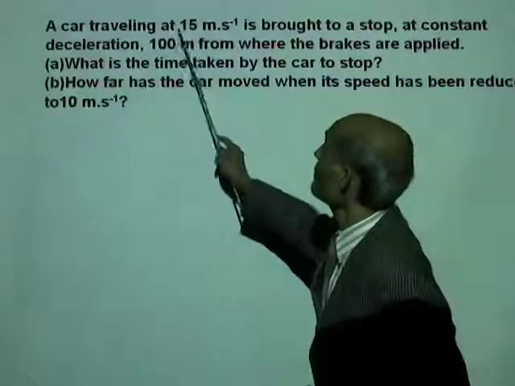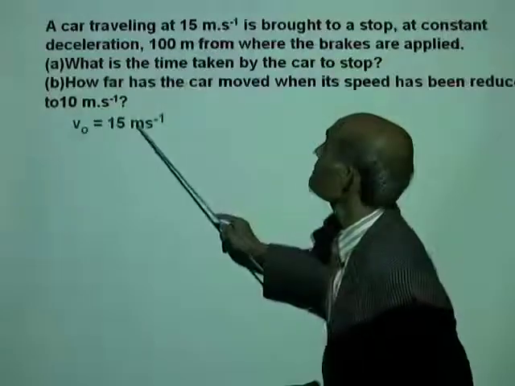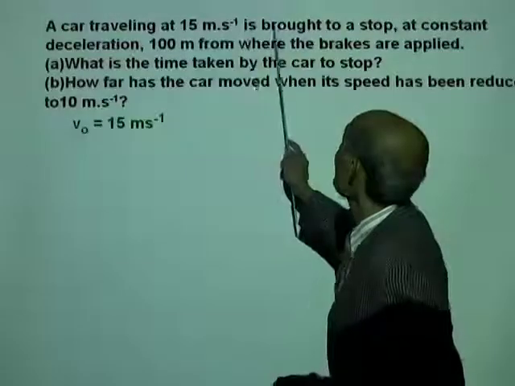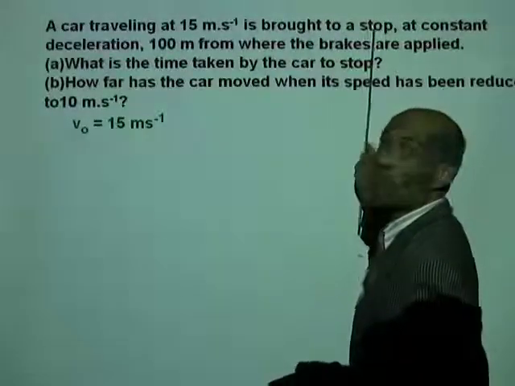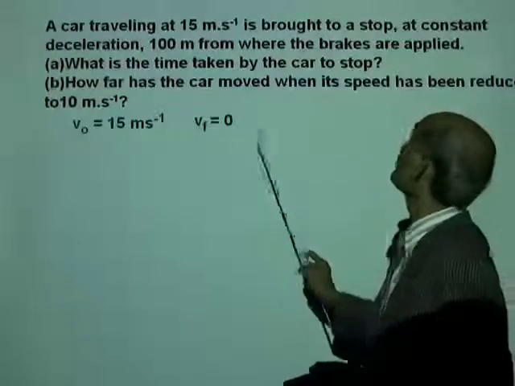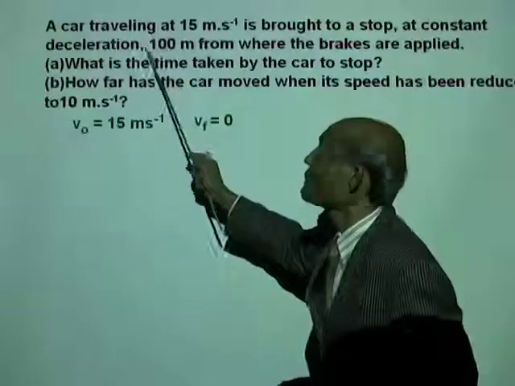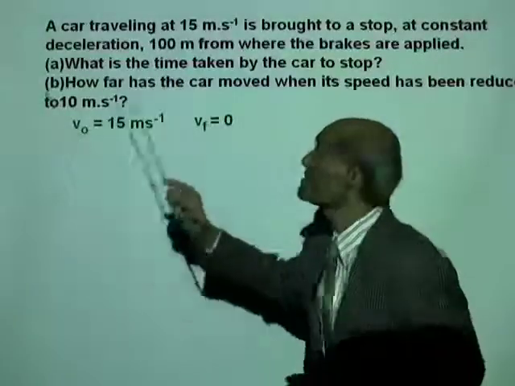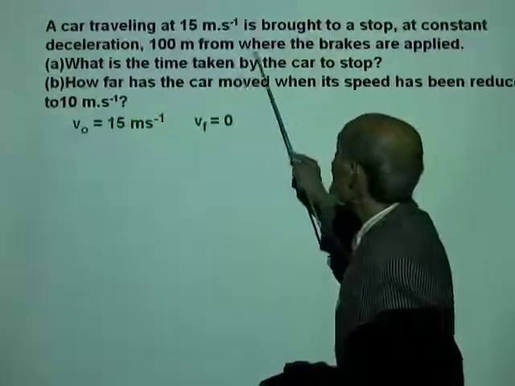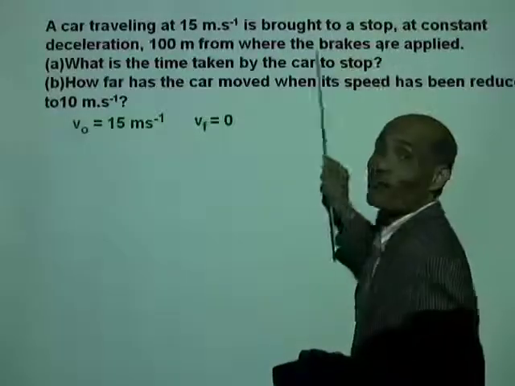Alright, what do we have? We got V0 is 15 meters per second, is brought to a stop, means Vf equal to 0. At a constant deceleration means the acceleration is negative. 100 meters from where the brakes are applied.